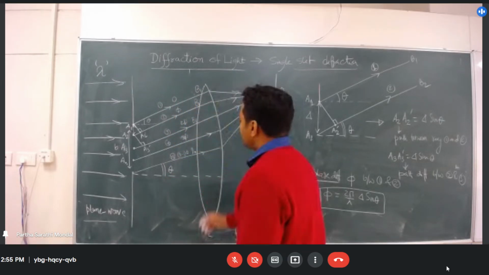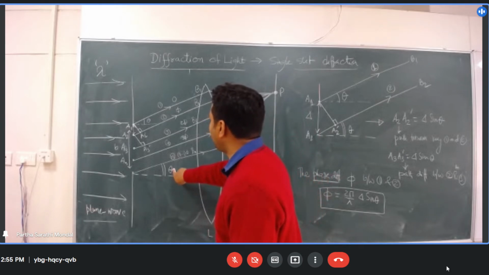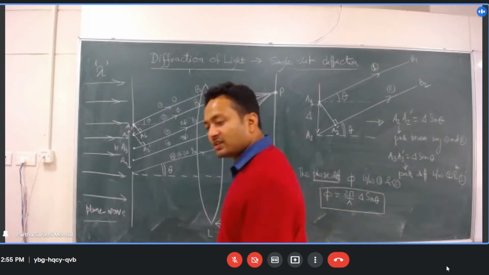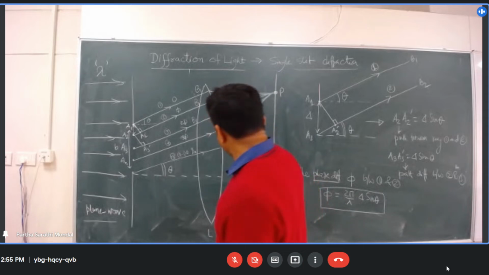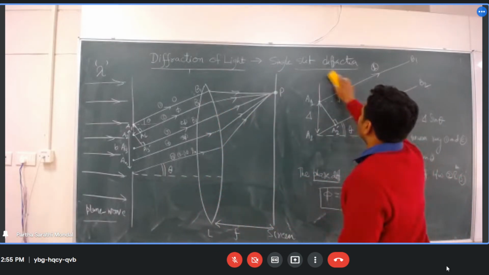Yes sir. तो मतलब each point on the screen is nothing but if you change theta, you will get each point on the screen. समझ में आ रहा है? At least in this line. Okay.